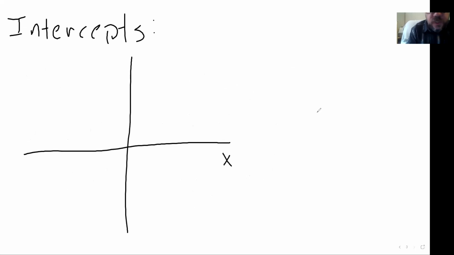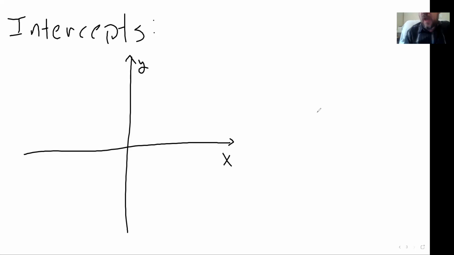So the slope of a line, actually, let me explain the intercepts first. Those are a little easier to show you. So intercepts. The x-axis, the y-axis, put arrows on the positive ends. And I'm not going to draw hash marks here because they're actually not very important.